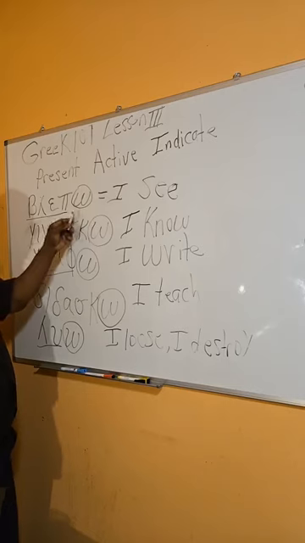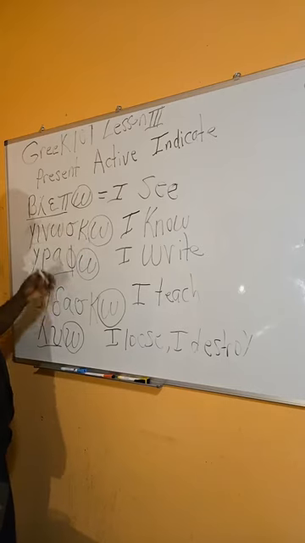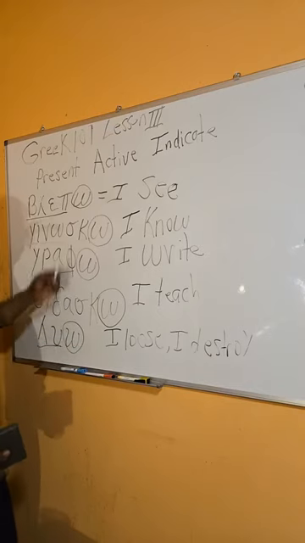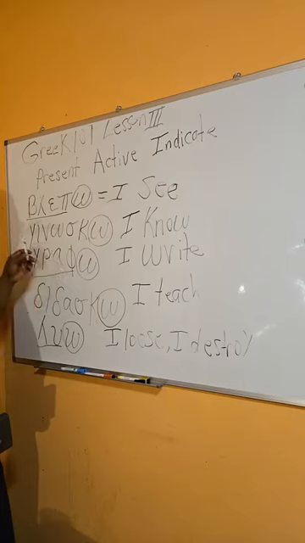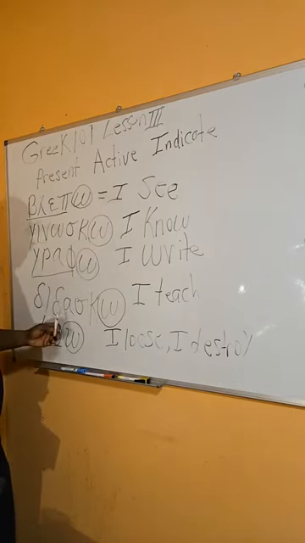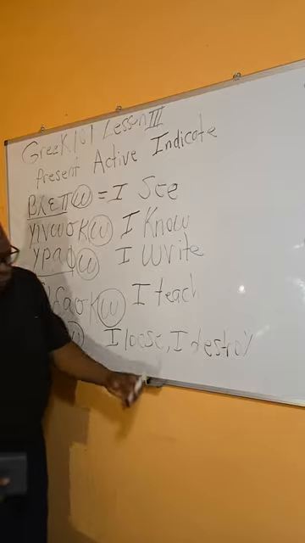And that omega has a long sign, like the long O. Omicron is a short O in Greek. So we have omega. All those words have omega on the end, meaning I. I see, blepo. Ginosko, I know. Grapho, I write. Didasko, I teach. Luo, I loose, I destroy.